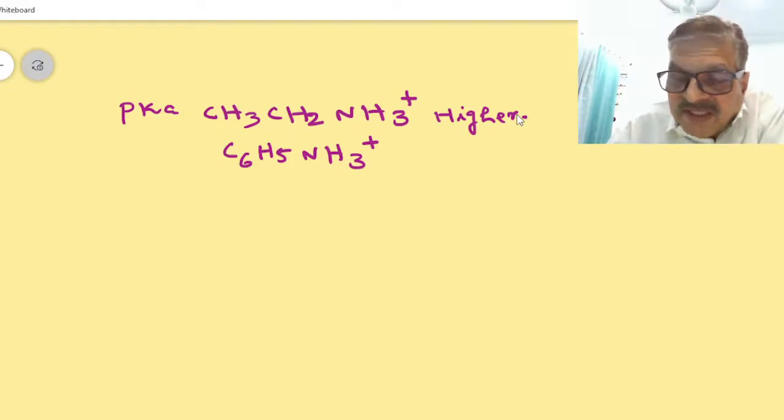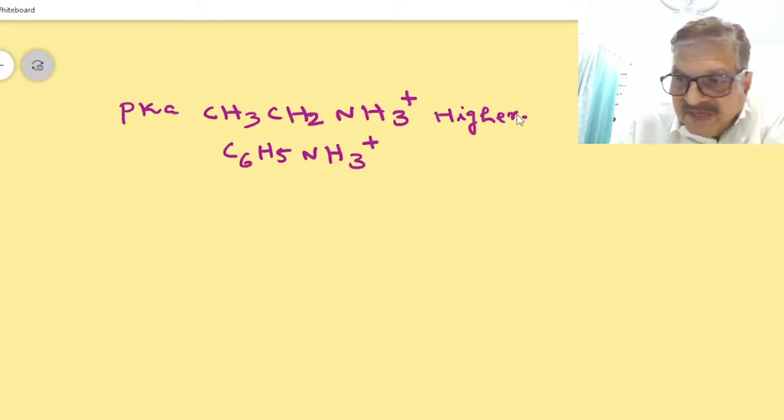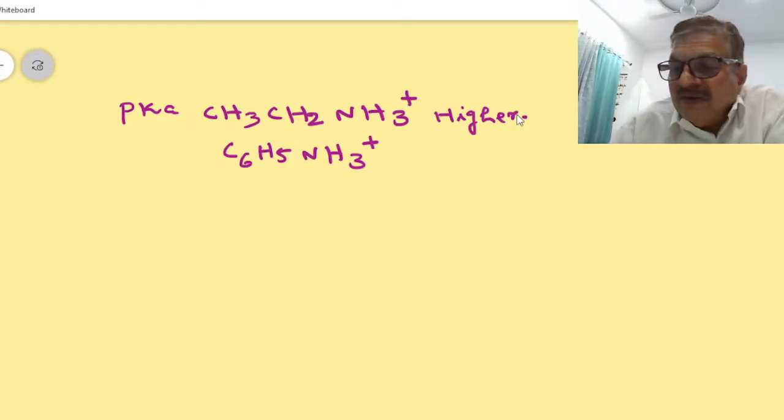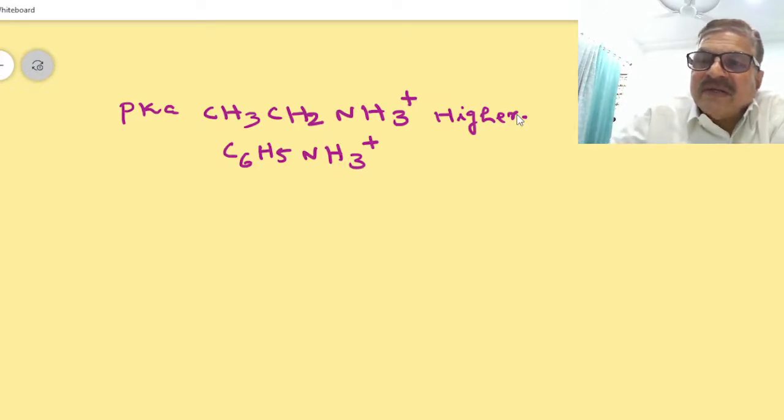Therefore, ethylamine is a stronger base compared to aniline. So aryl amines are less basic than alkyl amines, because the electron pair on the nitrogen atom is delocalized. Correct. Because of the delocalization of the electron pair, the basicity decreases.